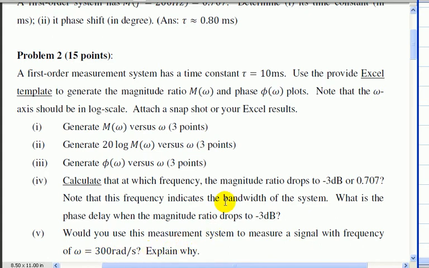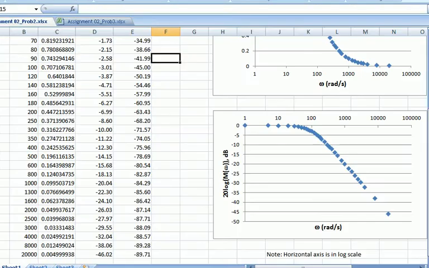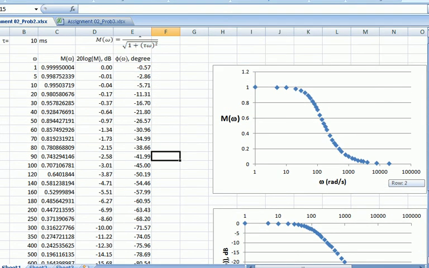Explain why. Based on the templates here, this is what I expected you to have. I think I provided you this, and I believe you also have this one here. So I need you to calculate this 20 log here. You need to calculate the phi with the formula sheet.